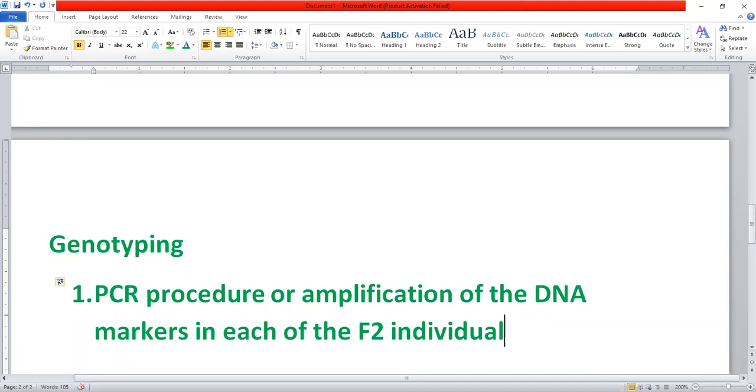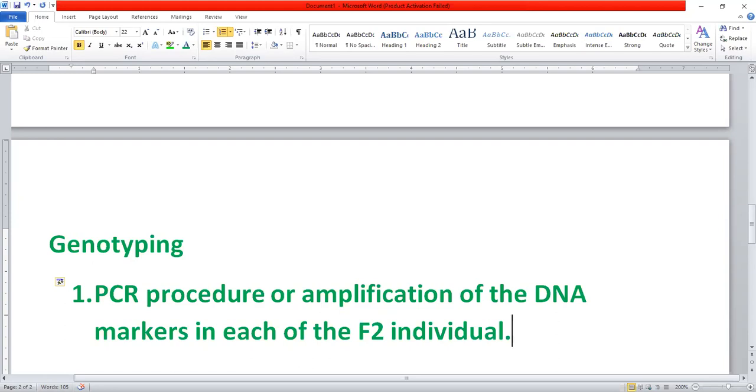For this PCR procedure, first we have to extract the DNA from these 250 F2 individuals, and then the PCR procedure is carried out by using the PCR mixture and putting it in the thermal cycler.